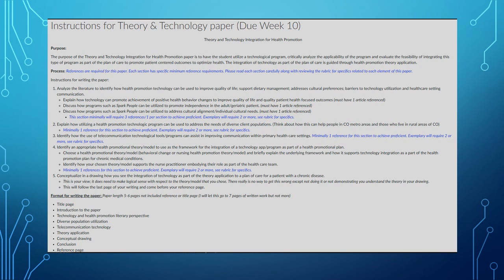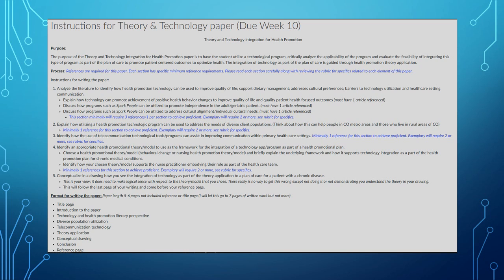And then I want you to identify how this theory supports the nurse practitioner in embodying their role as part of the healthcare team.